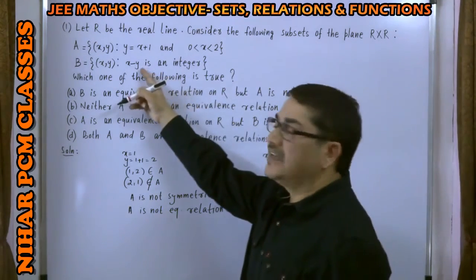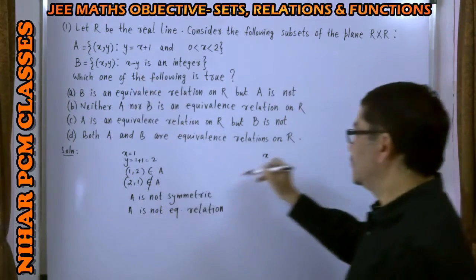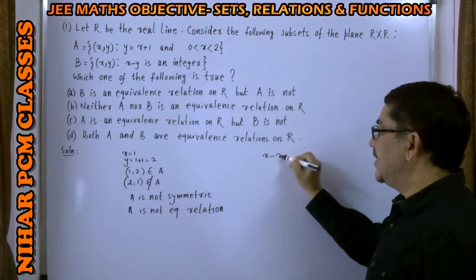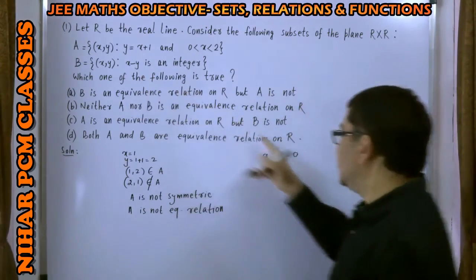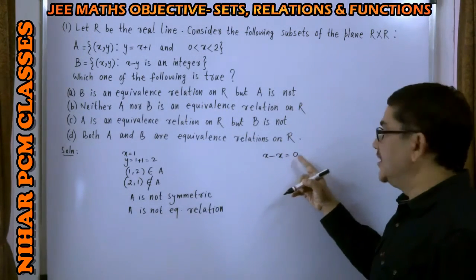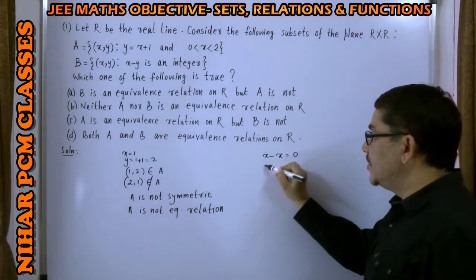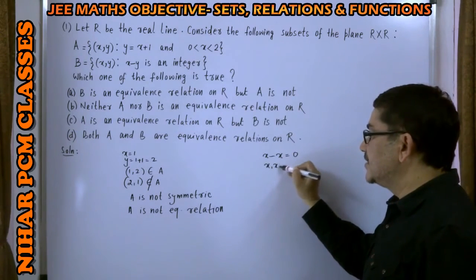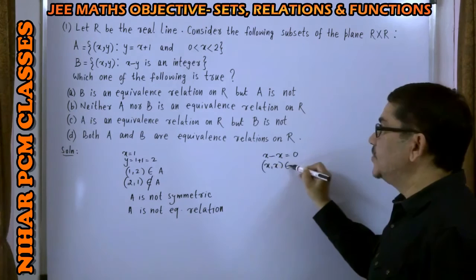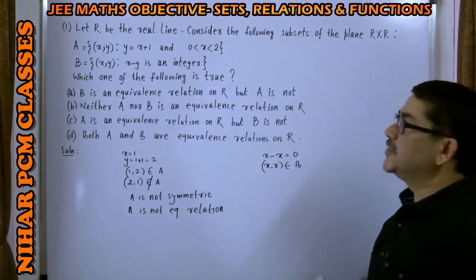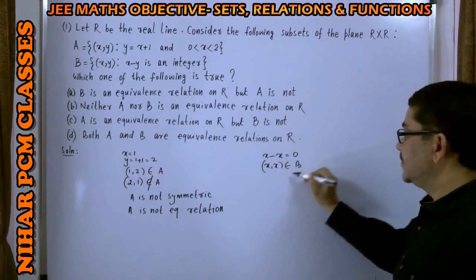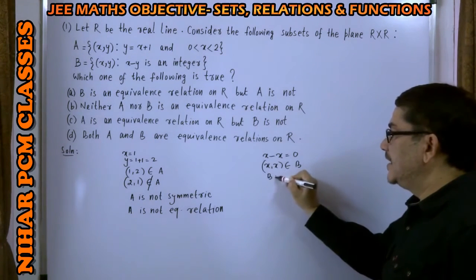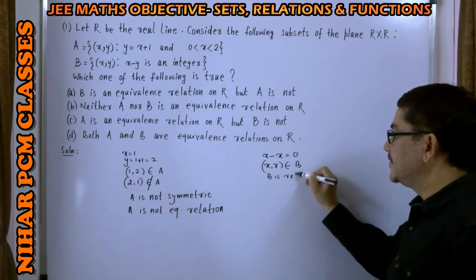In place of y, let us take x. x minus x is equal to 0, and 0 is an integer. So (x, x) belongs to B. Therefore B is reflexive.